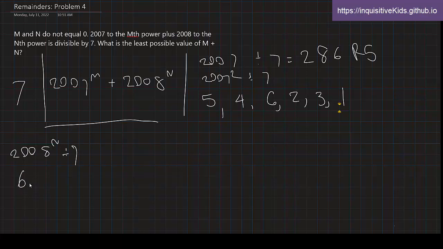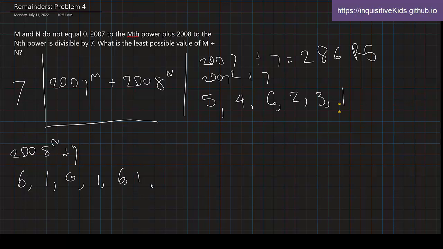So that first one will be 6. Now you do that again and you'll get 1. If you keep doing this, using the same procedure as with 2007 divided by 7, you'll realize it's just 6, 1, 6, 1 rotating onwards.